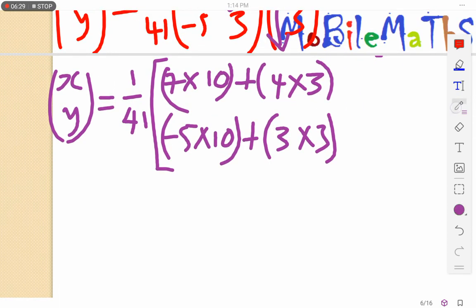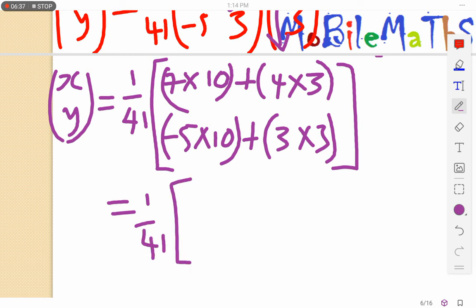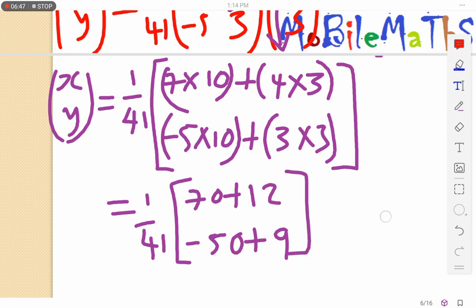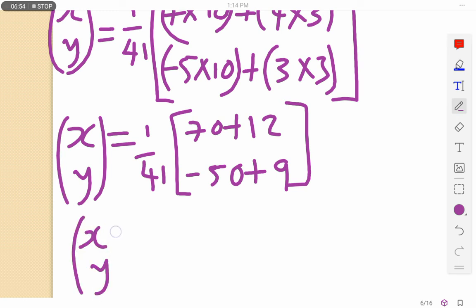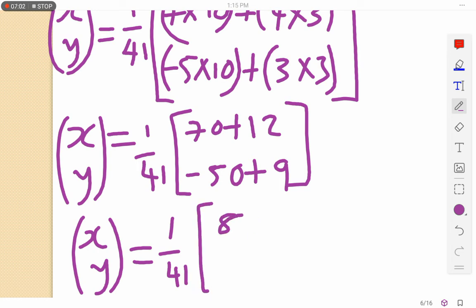If we simplify, we will get 1 over 41. Then here we'll get 70 plus 12, -50 plus 9. Okay, let's simplify that. So it's still equal to x y on the left side. 1 over 41. 70 plus 12 we get 82. On the bottom we have got -41.